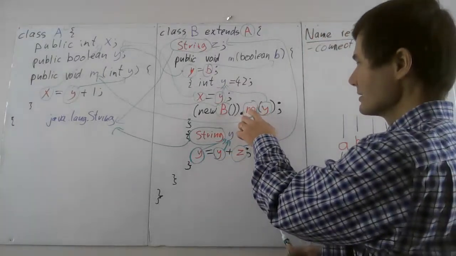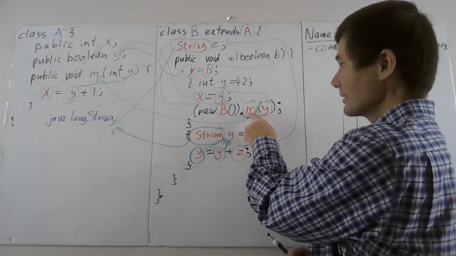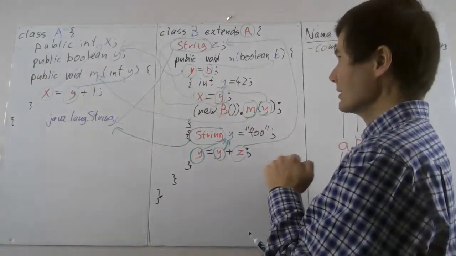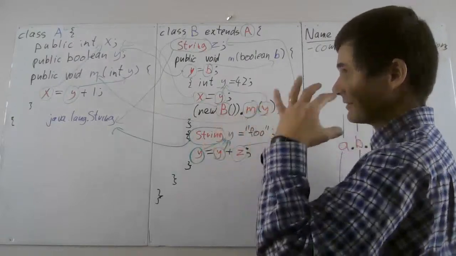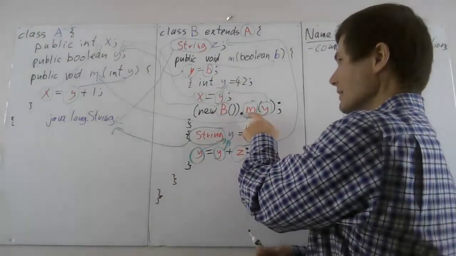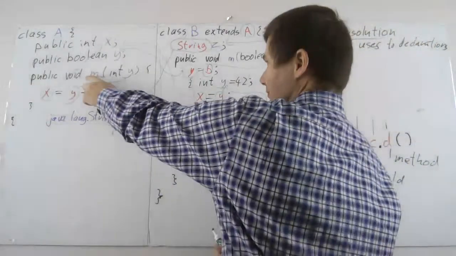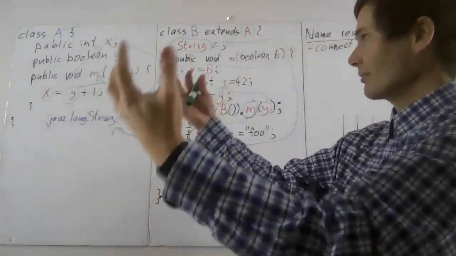And even in the case of M, there is a static meaning to the M. So this M, from the compiler's point of view, not even thinking about runtime, this M actually refers to this method M and not this method M, even statically.